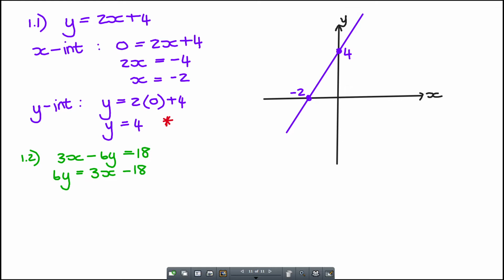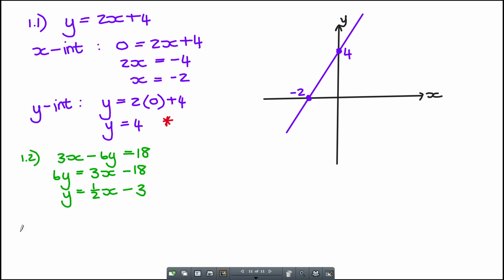So sien jy, ek het net gou eers vir y die onderwerp gaan maak. But now I want to get rid of that coefficient, the 6. So wat ek dan moet doen, is ek moet alles gaan deel met 6. So y will be equal to, and then this will become 3 over 6, met ander woorde, 1/2 x. En dan 18 gedeeld deur 6 geef my 3. You guys good with that?